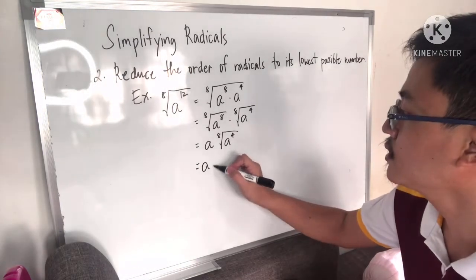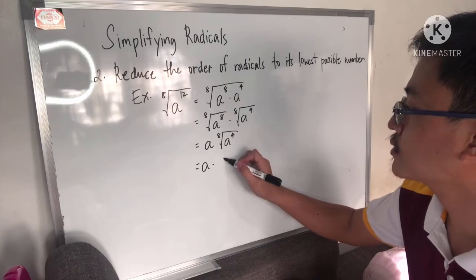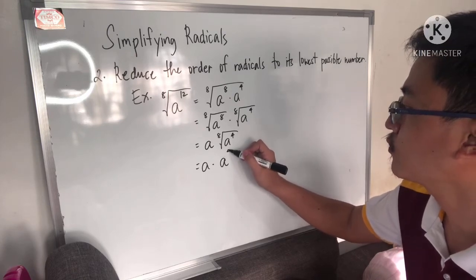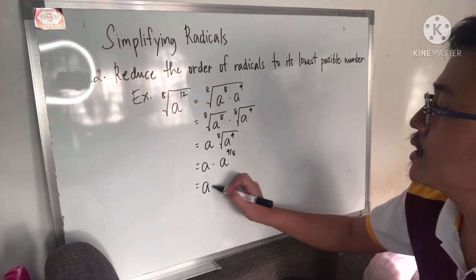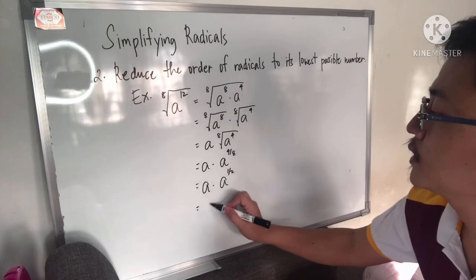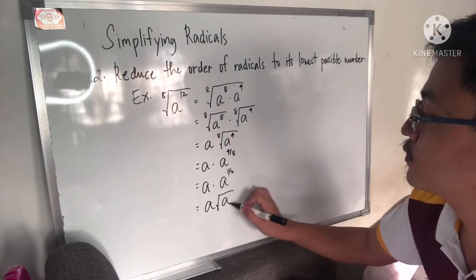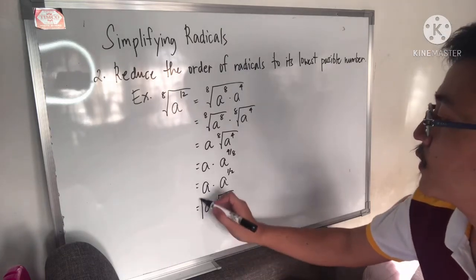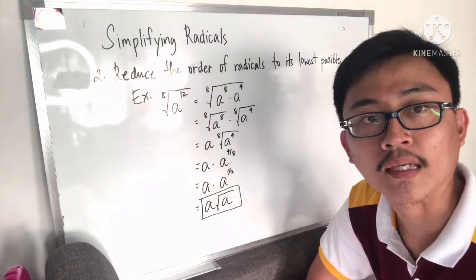So, a times, gagawin muna natin tong rational exponent. So, a raised to 4 over 8. So, a times a raised to 1/2. Is a, yung 1/2 is square root of a. So, this is the final answer. Is a square root of a.